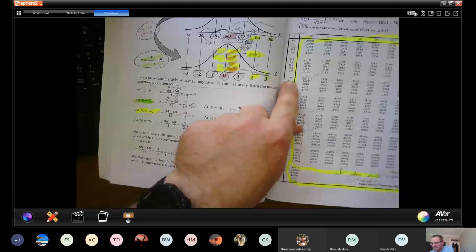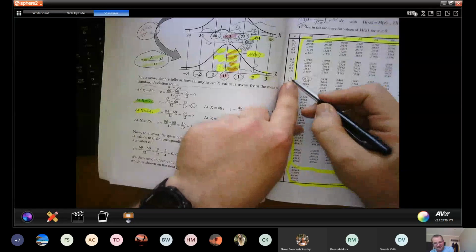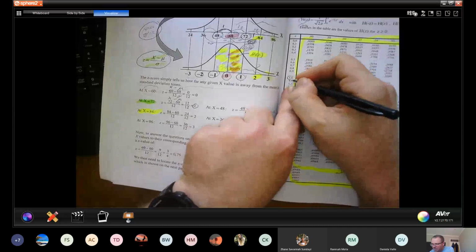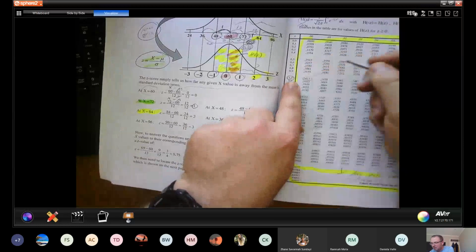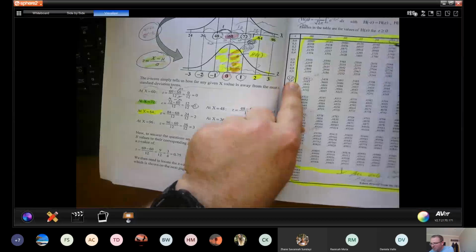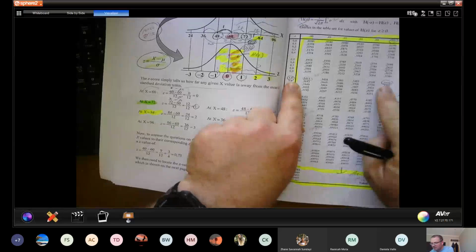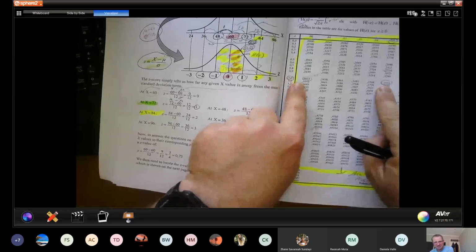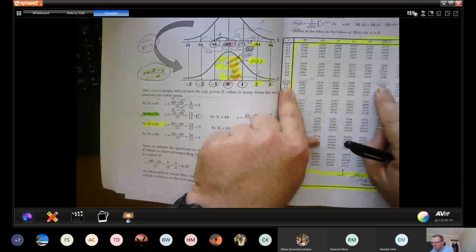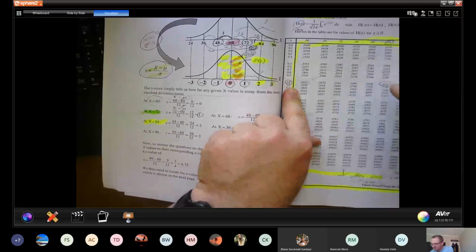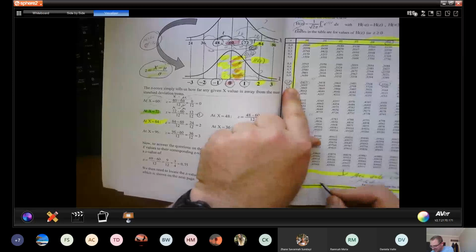For instance, if I had a Z score of 1,05, you'd go to 1,0, but now you'd want 1,05. Where do those two columns meet? That area would be 0,3531. Does that make sense? This is your second decimal place. So if you had a Z score of 1,05, what would your area under the curve be up to 1,05?